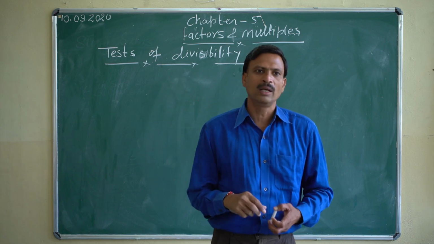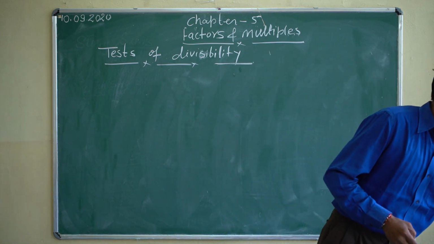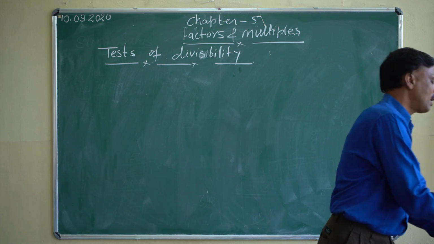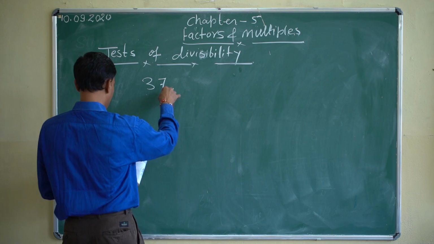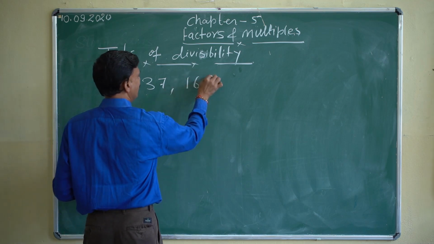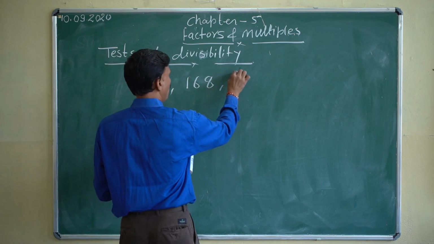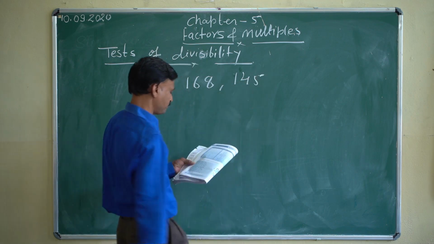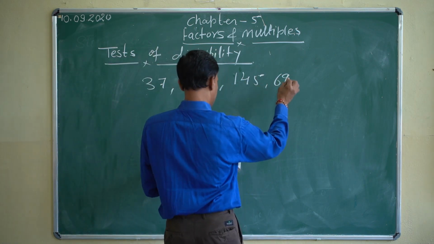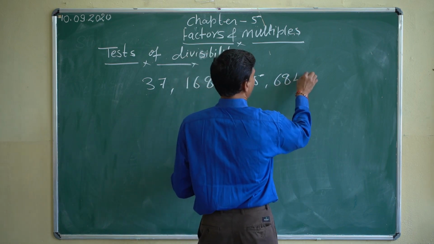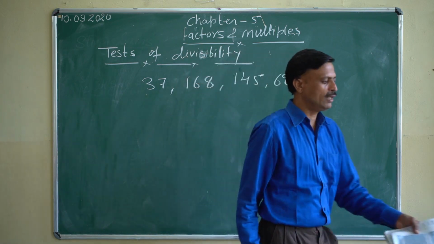For example, I'm taking some questions from your book only. Suppose the numbers are 37, 168, 145 and 68,460. So these are the given numbers.